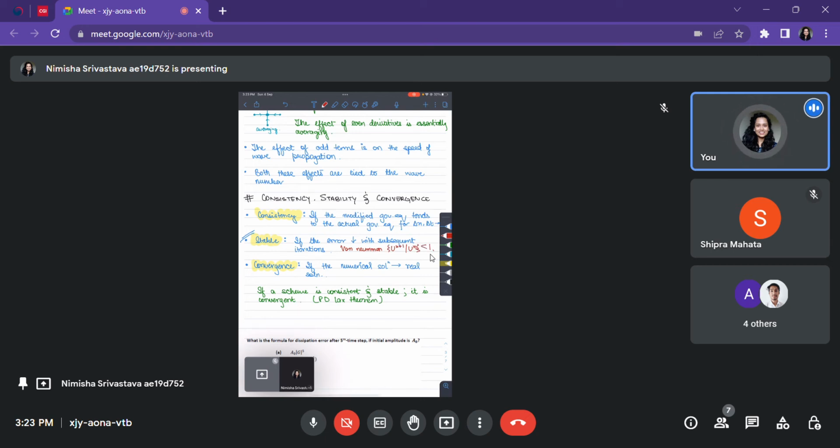Why do I want this to be less than 1? Because the ratios of these amplitudes are analogous to the ratios of the error. So the numerical behavior of the error, decay or growth, is the same as the numerical behavior of the amplitude growth or decay.